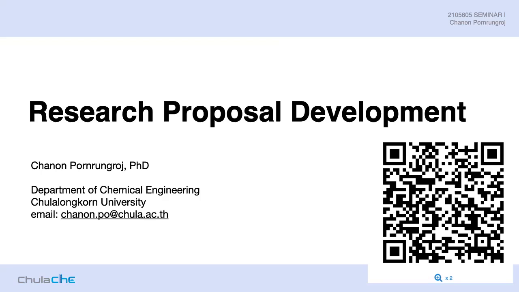Last time we talked about identifying the gap and coming up with a research question, but this time we're going to talk about what's next in terms of development of your proposal. I believe most of you are master students, right? Any PhD?